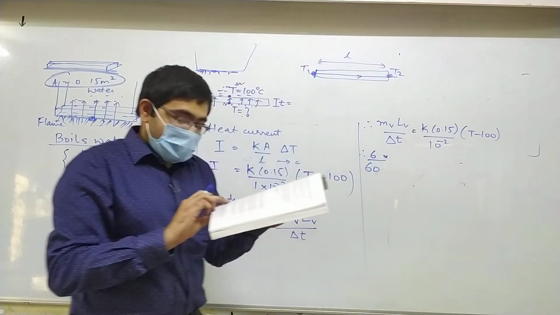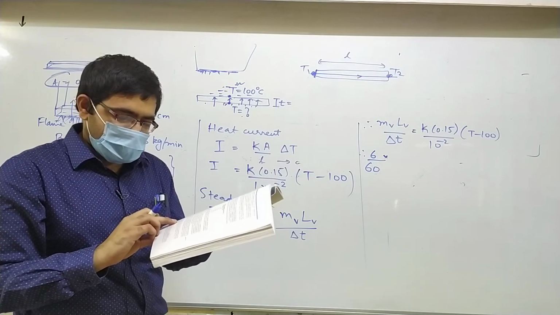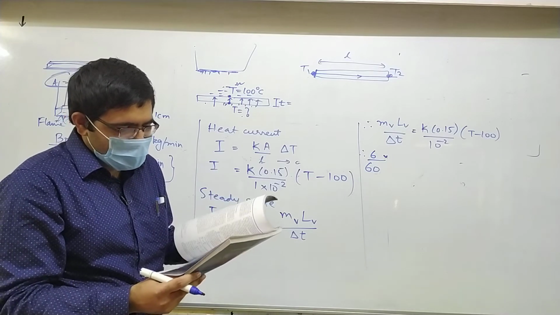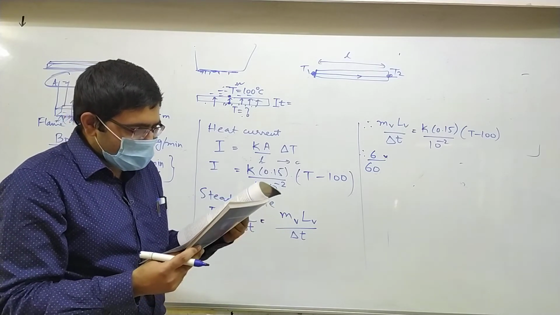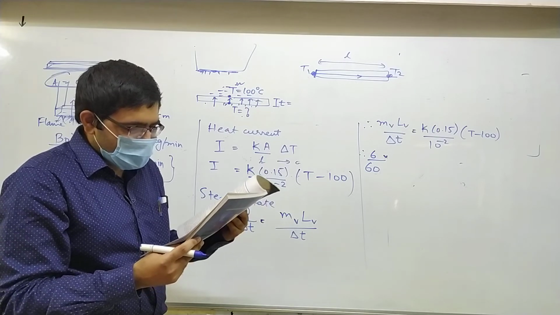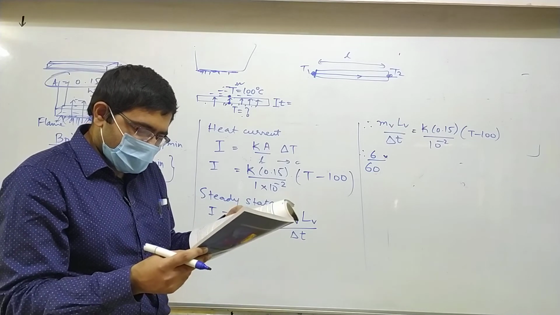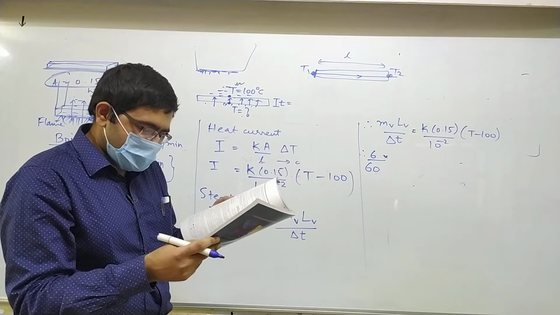Okay, in my book there is a mistake. Let me just confirm. I think this value is wrong. Okay, let me just confirm with the table given in the text here. Latent heat of vaporization 22.6 into 10 raised to 5. Okay, no problem. 22.6 into 10 raised to 5.